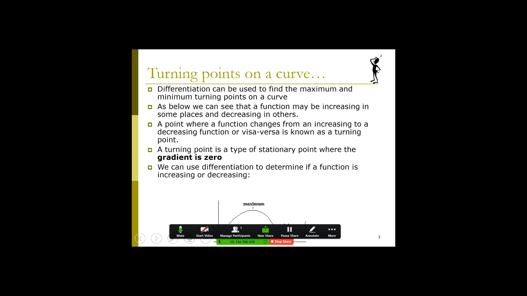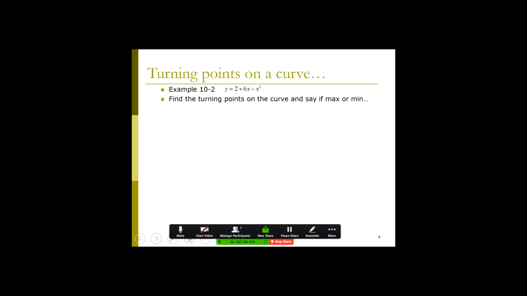We can use differentiation to determine if a function is increasing or decreasing. If the derivative is always positive, the function is increasing. A function is decreasing if the derivative is negative. So here's an example.